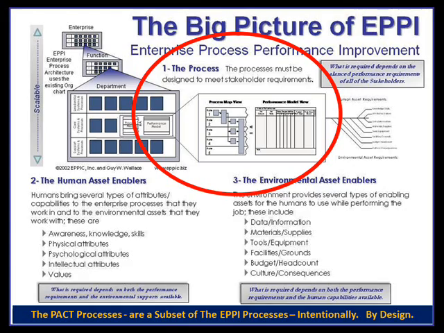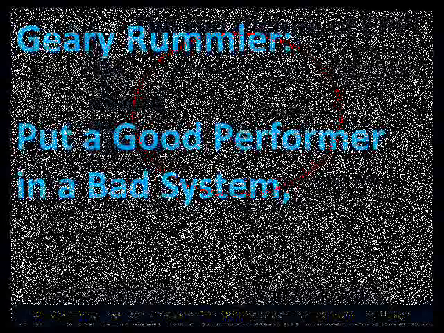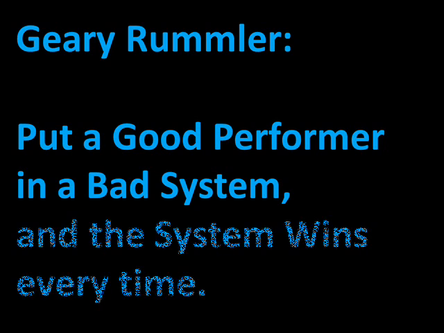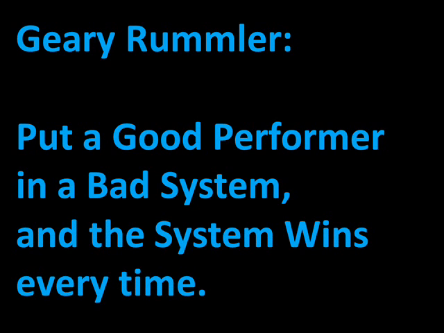It's doomed to failure. As Gary Rummler, the late Gary Rummler, said, put a good performer in a bad system, and the system wins every time. We're trying to avoid that in the PACT processes and the EPI processes.